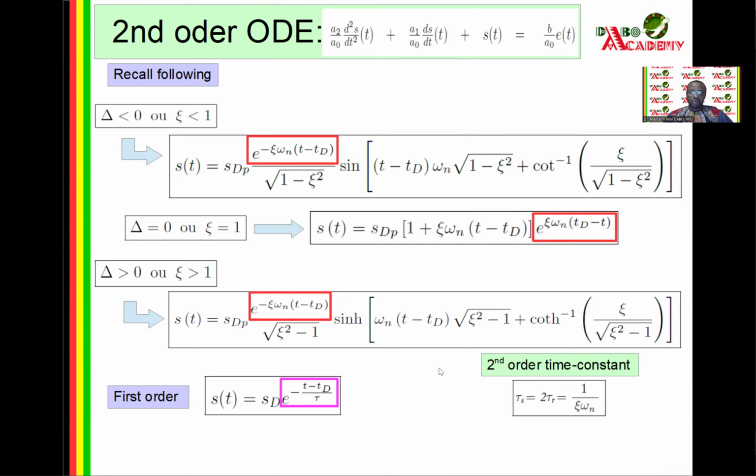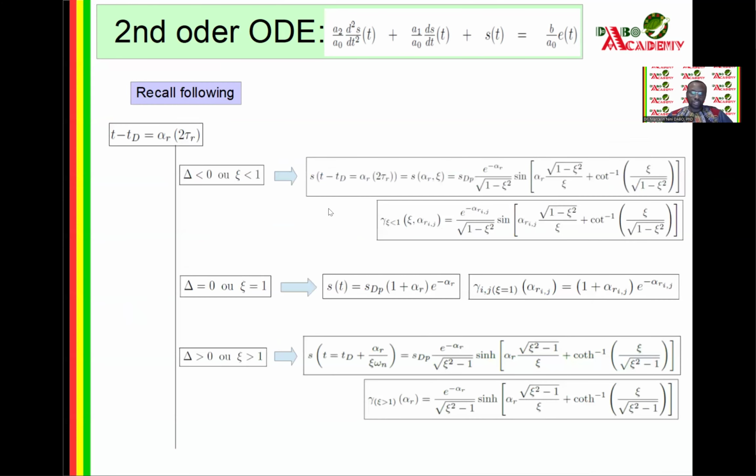Now from here, what I have done is that, with a new vision, a new paradigm, I have considered that any given dynamical system, be it of first or second order, will reach a certain percentage of the output according to the initial condition, for example in the case of an autonomous system, at a given time, and that time is equal to a multiple of its time constant.